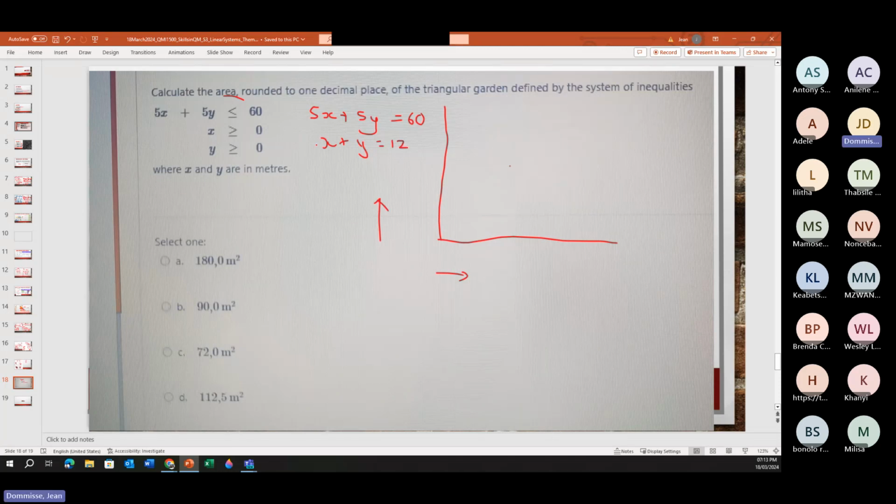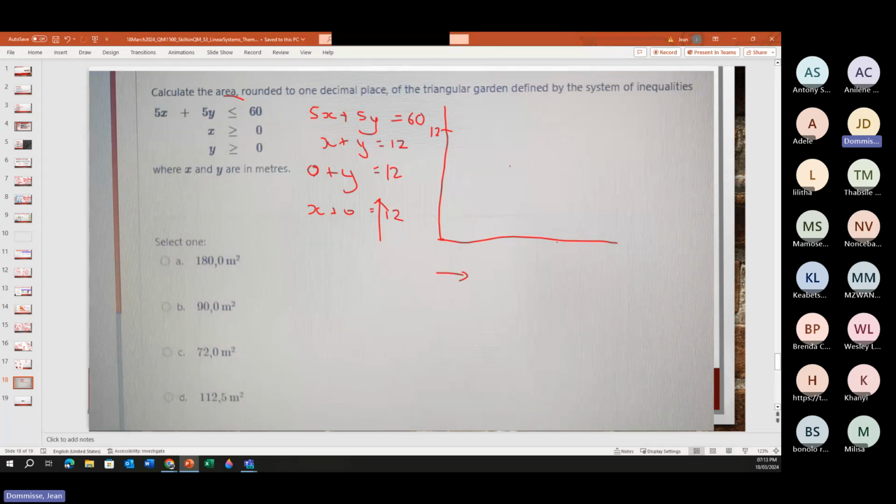So if x is 0, y is 12. So if x is 0, y is equal to 12, so that we can get that cut off. If y is 0, strangely enough, x is also 12.